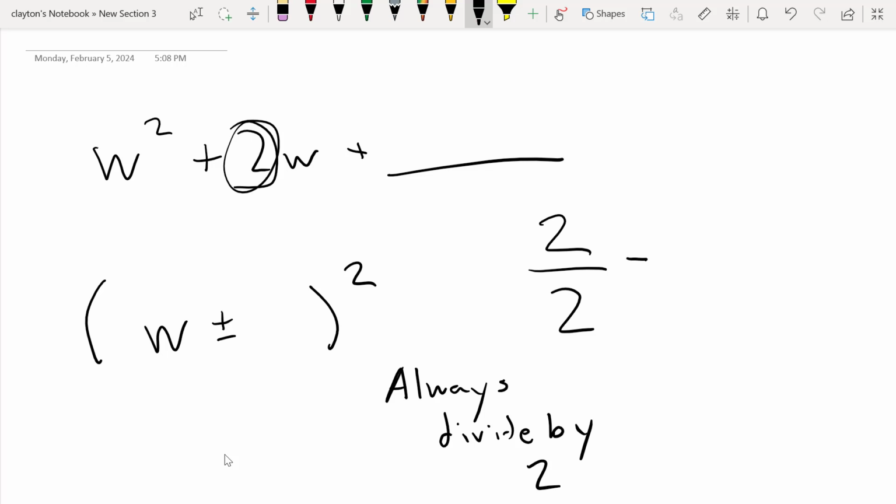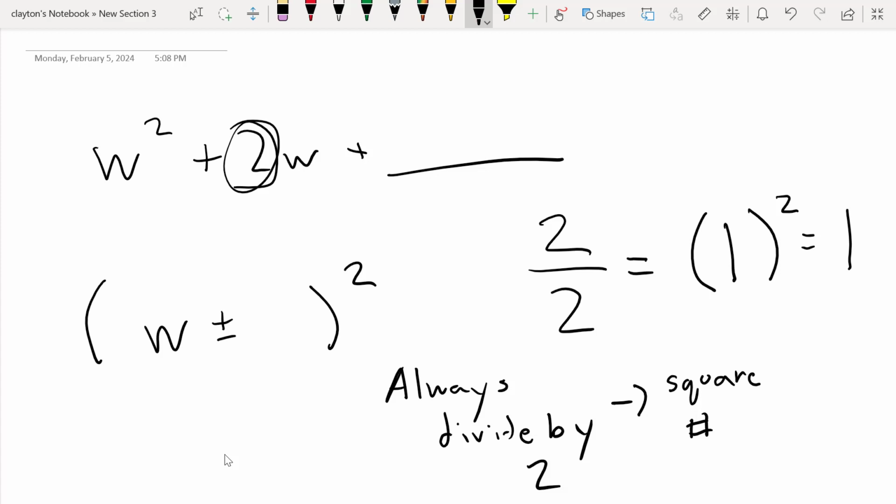We divided by 2, we got 1. Our next step is then to square the new number. In this case it's a very nice case, if I square it I still get 1. So the number that we want here is just plus 1.